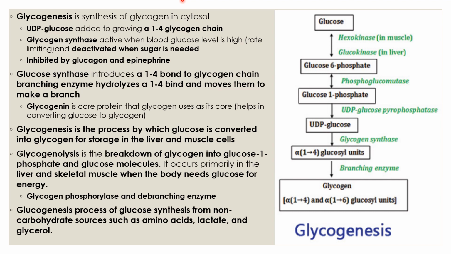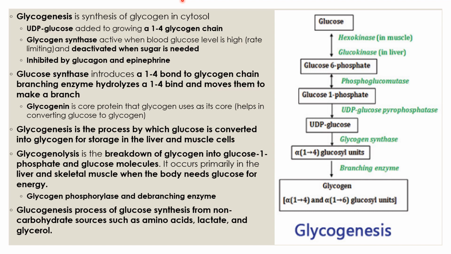Focus on the wording here, because wording really matters, because maybe you get a question about the difference between glycogenesis versus gluconeogenesis versus glycolysis versus glycogenolysis. Right, so these are different processes. We just went through glycolysis, conversion of glucose into pyruvate. Alright, next we have glycogenesis.